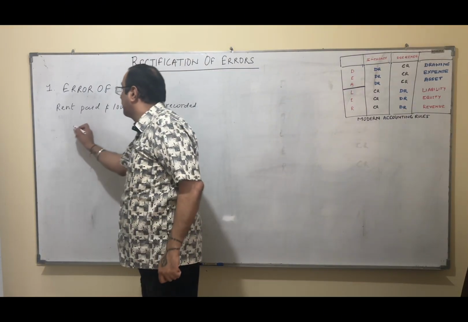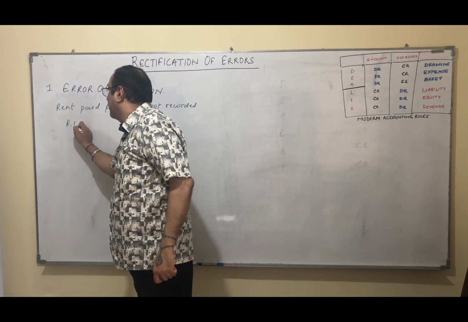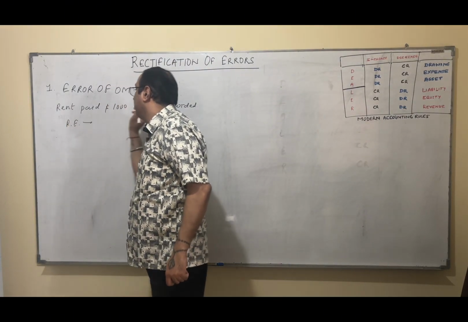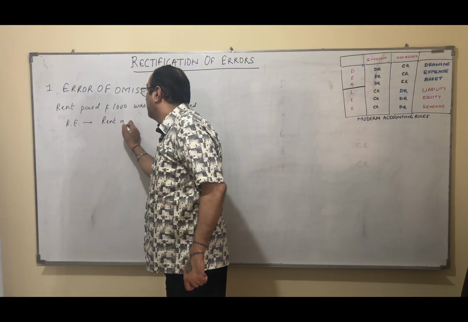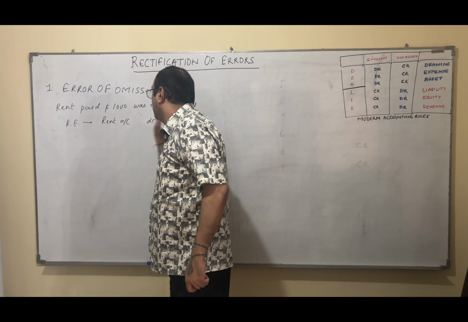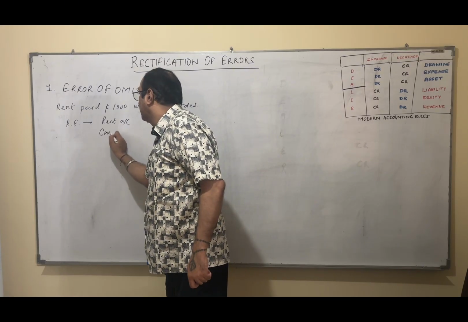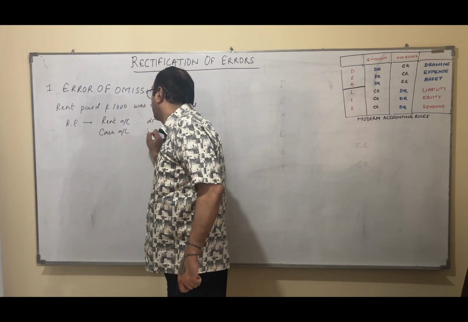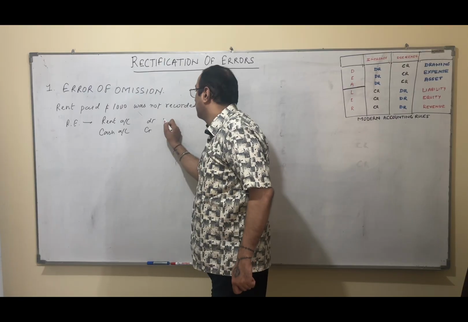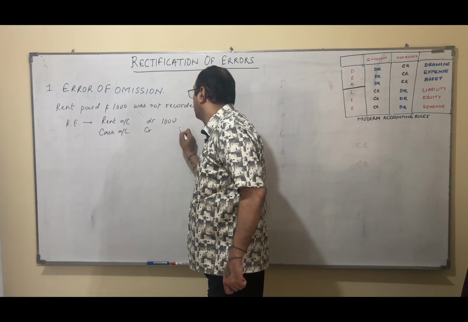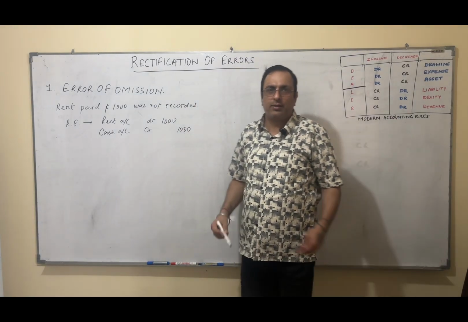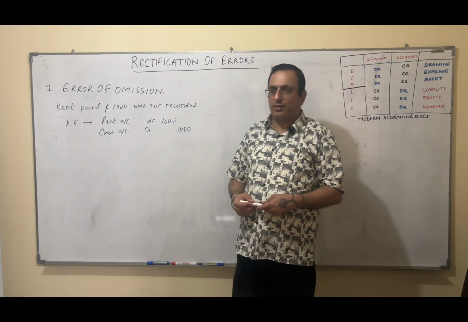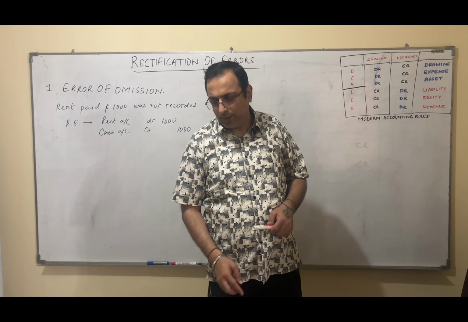So the rectifying entry, which is the only entry we will do here, will be rent account debit and cash account credit, 1,000, 1,000. Right, guys? It's easy. There's no difficulty in this.